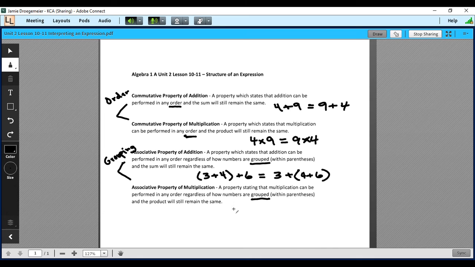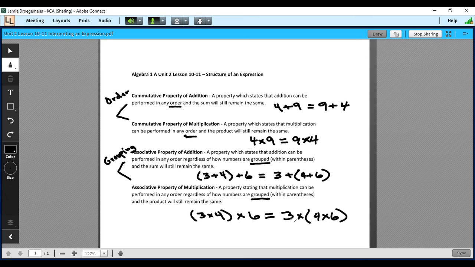So that's addition. Let's do the same thing with multiplication, using those same numbers. If I have 3 times 4 in parentheses and then multiply by 6, 3 times 4 is 12. 12 times 6 is 72. Well, what if I have 3 and I multiply it by 4 times 6, with the 4 times 6 in the parentheses? 4 times 6 is 24.